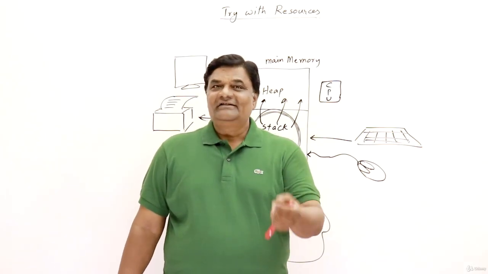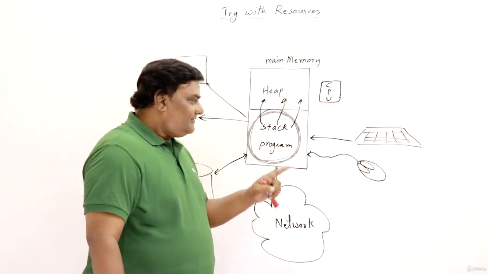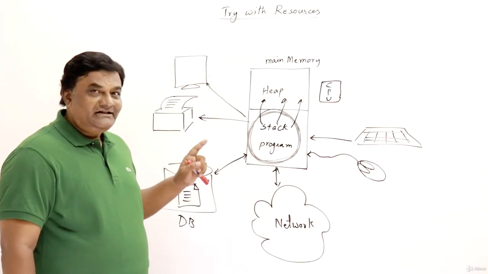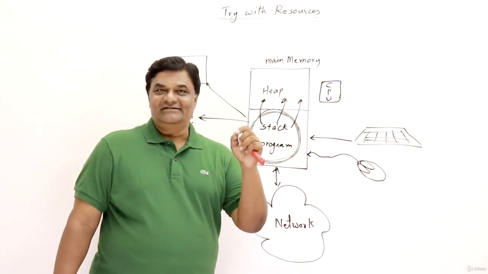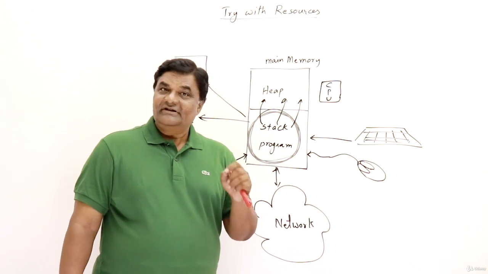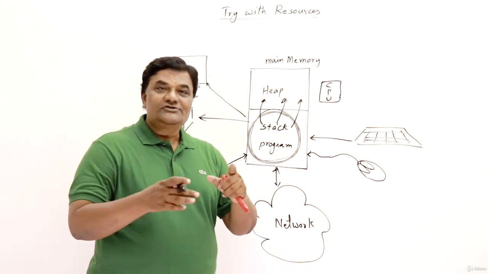When I am not using it, it's my responsibility to return it back. Same way, if the program is not releasing the resource or closing the resource, then it means the program is still using it. This is one of the major issues in programming. So resources, when required, you should acquire them, and when you don't need, you should release them.